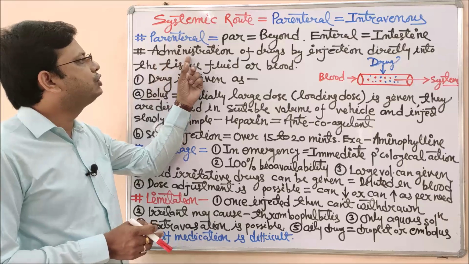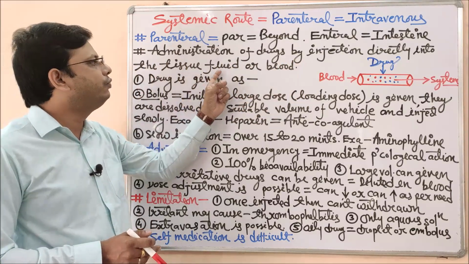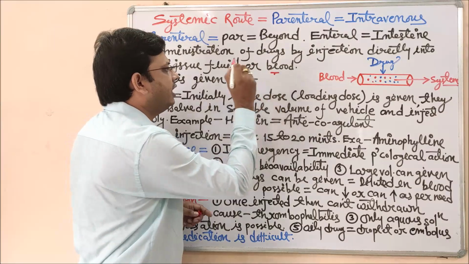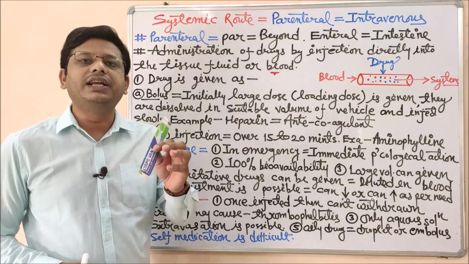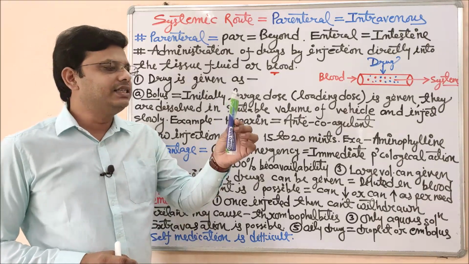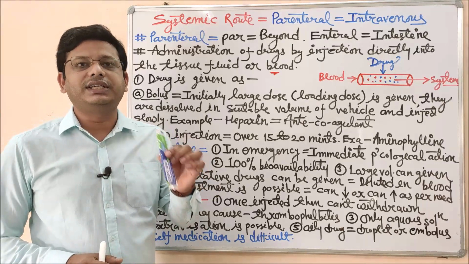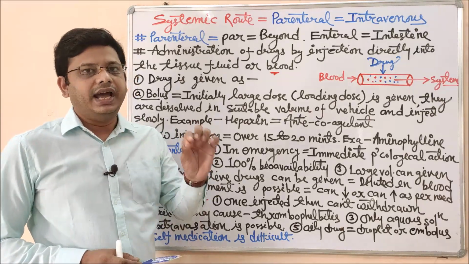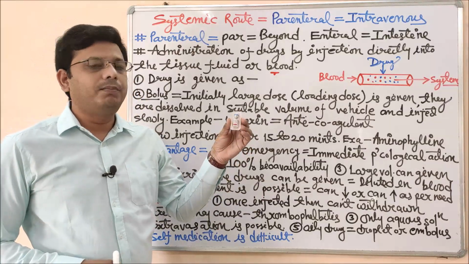The next one says administration of drug by injection directly into tissue fluid or blood. This is an important line regarding this route of drug administration. How can we introduce any drug inside the blood? This is a needle and syringe. You have seen it so many times. With the help of syringe and needle, we have to take the medicine and then inject it into the blood. These are different types of drug medicaments.